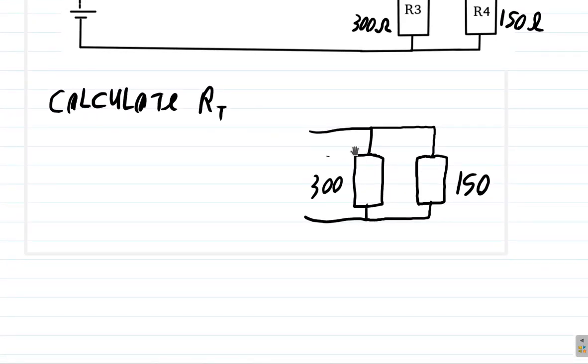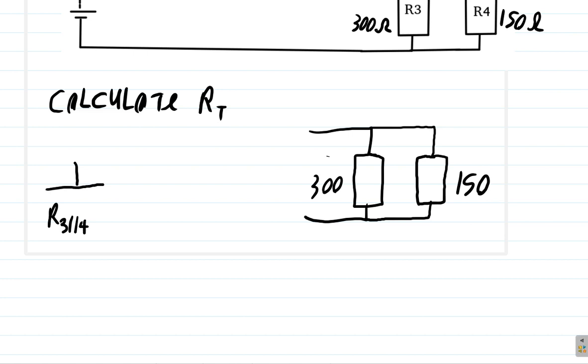Now, let's call this R3 in parallel with R4. Now, you know that the formula for calculating resistors in parallel is 1 over RT equals 1 over R1 plus 1 over R2 plus 1 over R3 and so on.